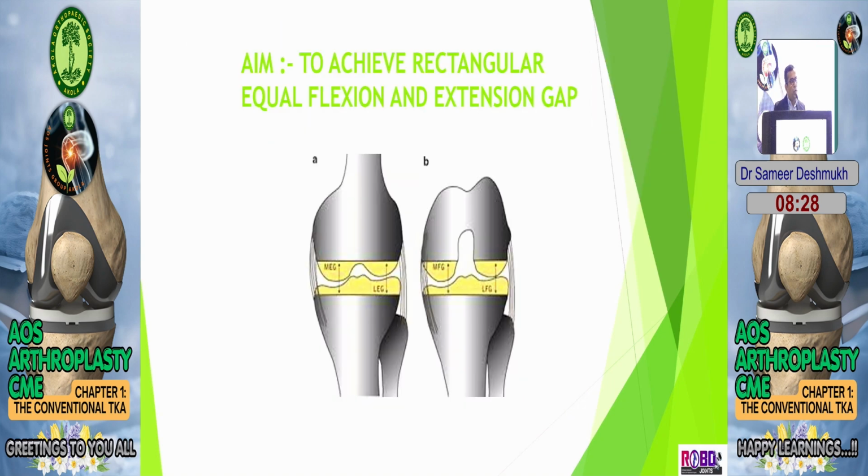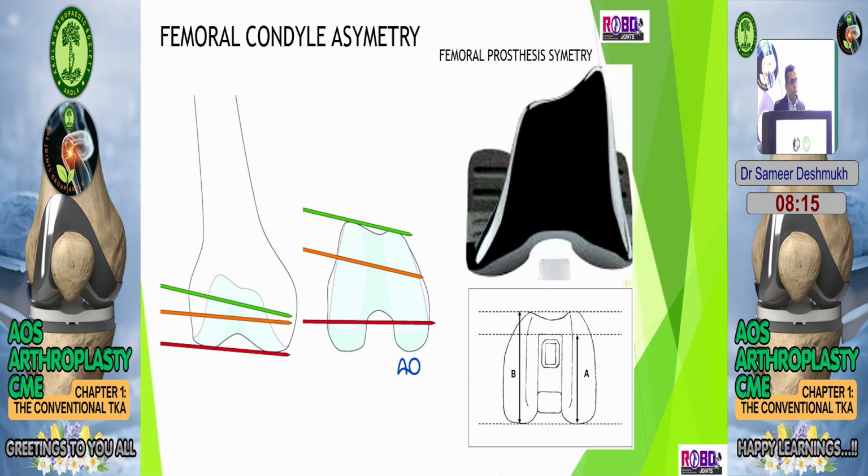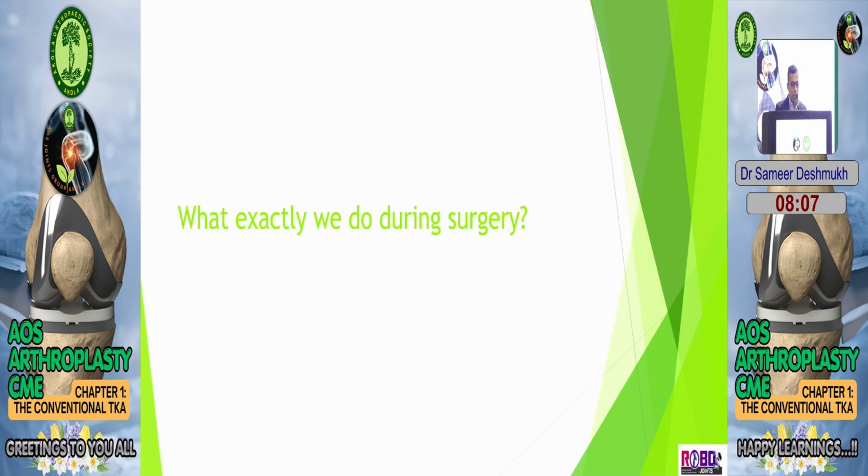So what do we actually do in knee replacement? The flexion and extension gap should be equal and it has to be rectangular. That is the main aim in achieving a knee replacement. But actually there is asymmetry of the femoral condyle, and to that asymmetry we have to fit a symmetrical prosthesis. So what exactly do we do?